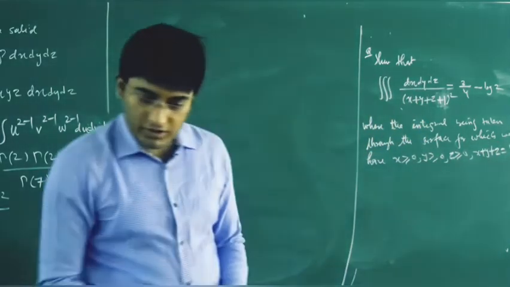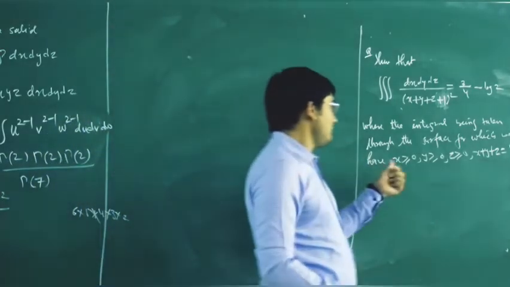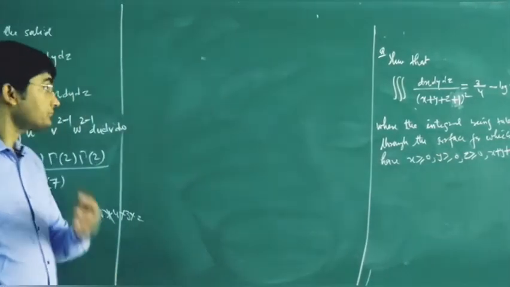So the integral is taken over the region for which x, y, z are positive and x plus y plus z is at most 1.